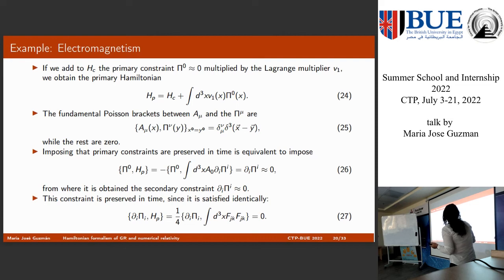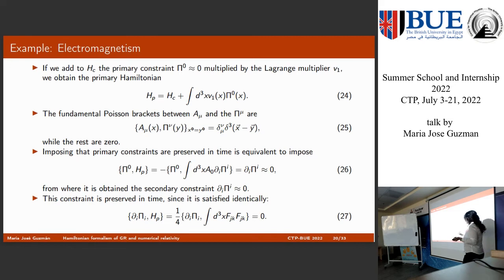And then I will impose that the primary constraints are preserved in time, which is equivalent to computing the Poisson bracket of the primary constraint that I already obtained, the only primary constraint of electromagnetism, and the primary Hamiltonian. And this computation gives you something different from 0. It gives you the divergence of the momenta, but in order to make this procedure consistent, I will impose that this divergence is 0.